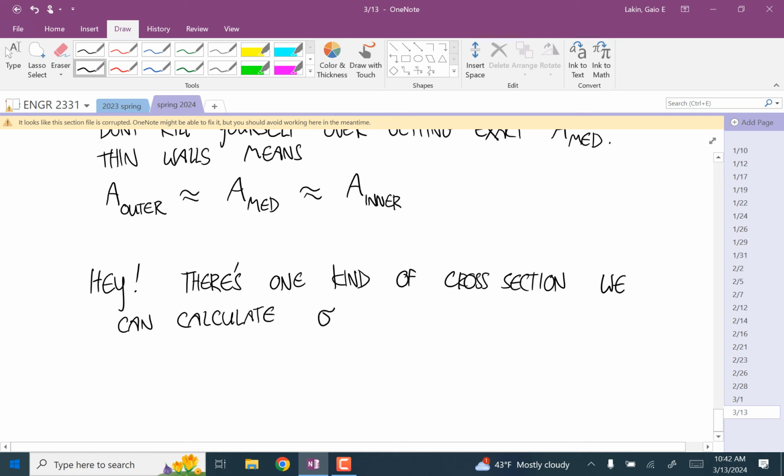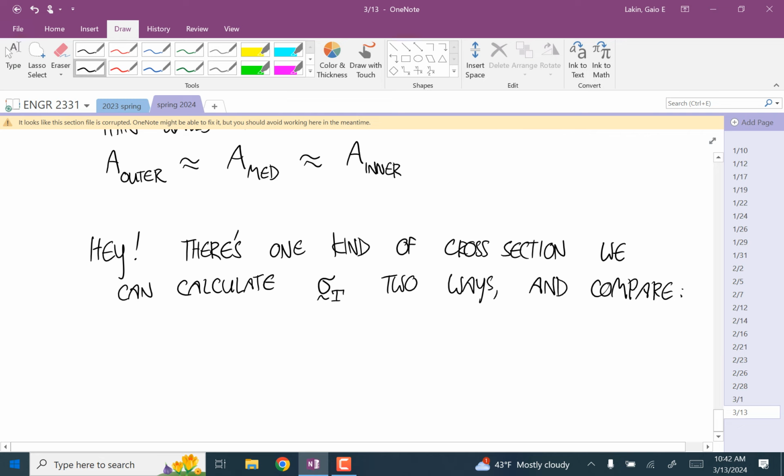So where we can calculate the stress due to torque two different ways and compare. And that is a thin-walled circular cross-section.